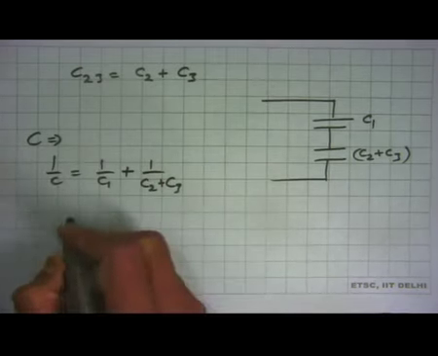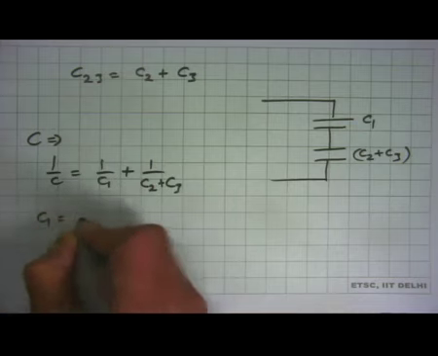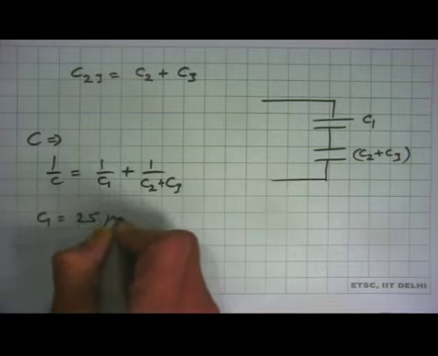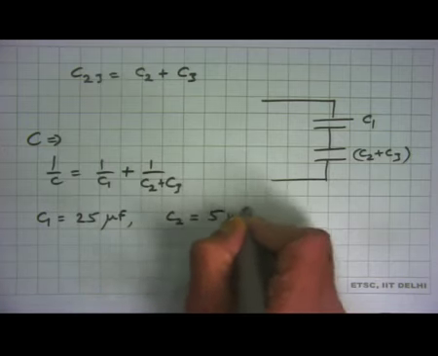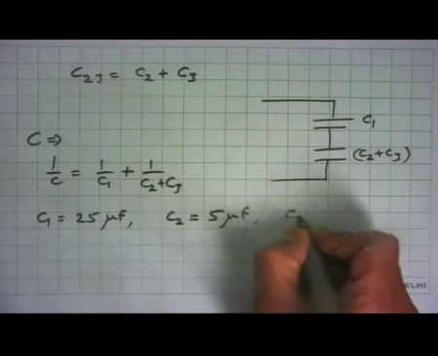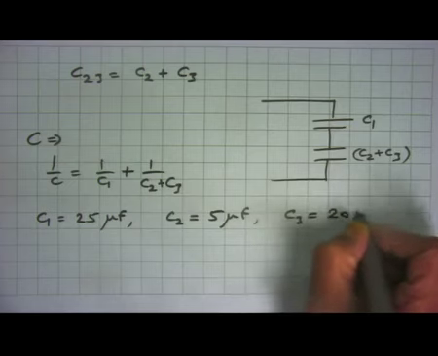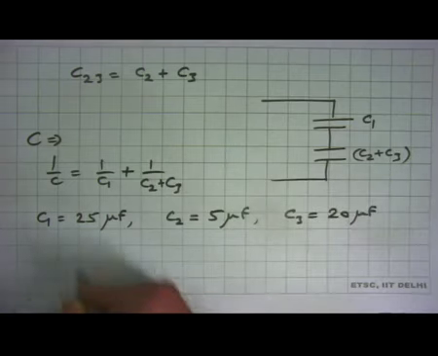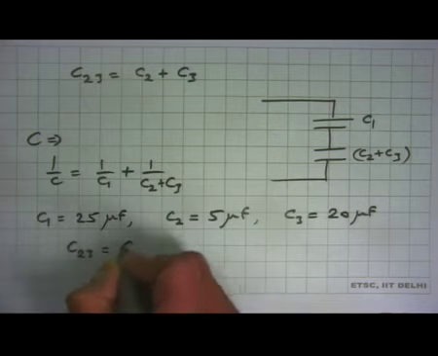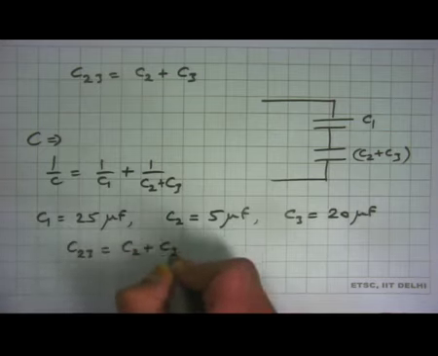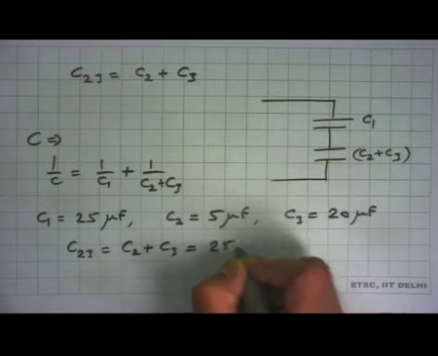Let me take the following example. C1 is equal to 25 microfarad, C2 is equal to 5 microfarad and C3 is equal to 20 microfarad. So, C23 is equal to C2 plus C3, which is 25 microfarad.